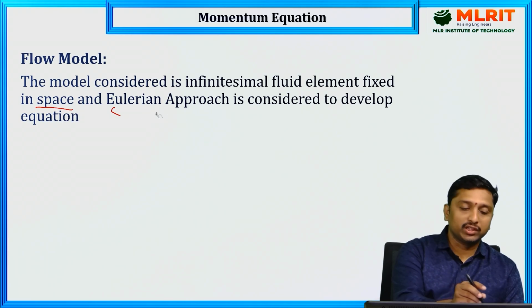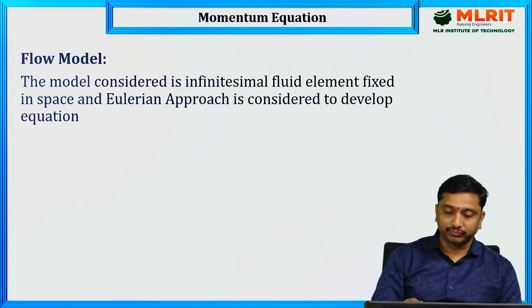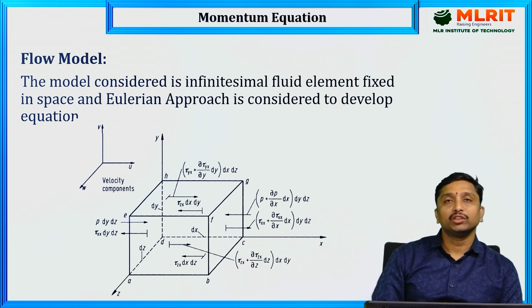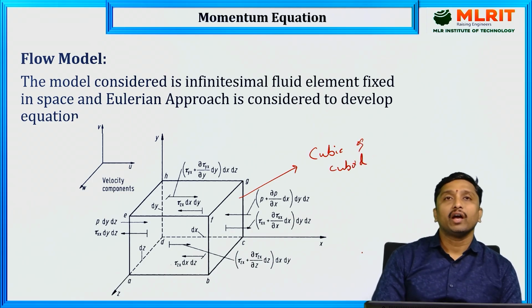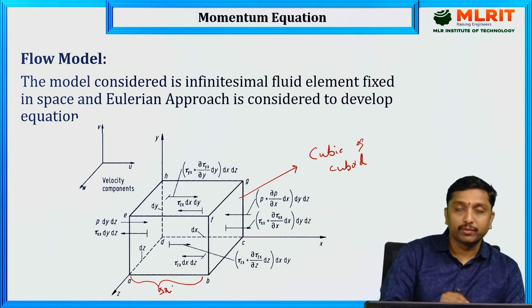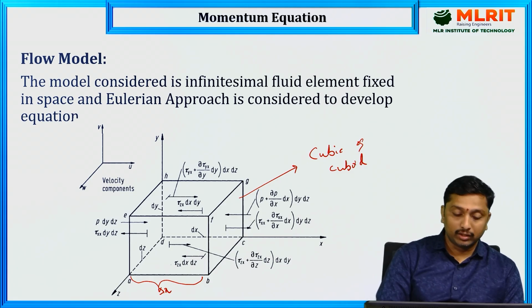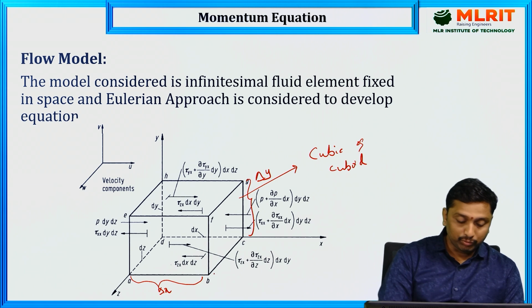So let us try to understand what this infinitesimal fluid element is and how we represent various entities on it. As you can see, this fluid element is generally a cubic structure or a cuboid having dimension delta x in the x direction. This is delta x, that is the width, and the y axis represents delta y as the total height of the element, and the depth of the element is considered to be delta z.